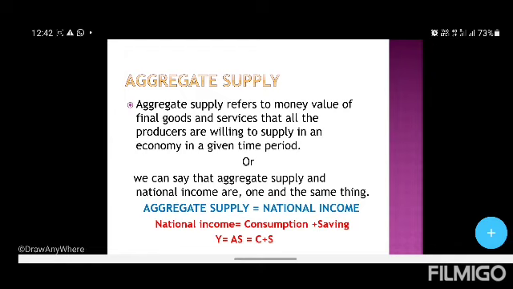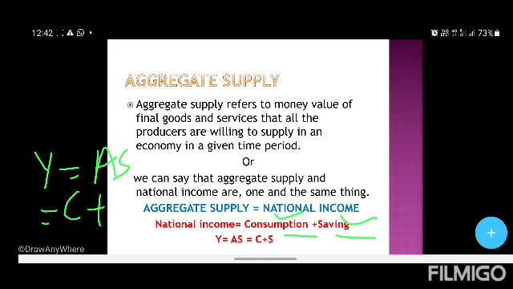Income is divided into consumption and saving, because a part of income we either consume or we save. That's why we can say Y, which is income, is equal to aggregate supply, and it is further equal to consumption plus saving. So it is one and the same thing.